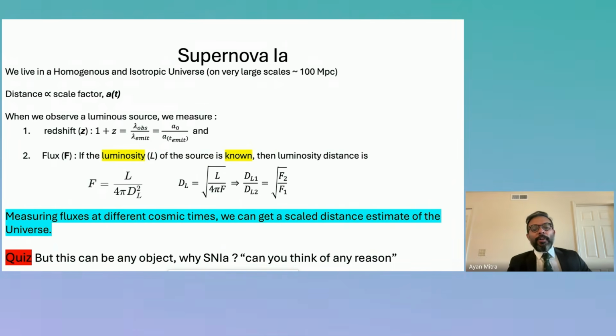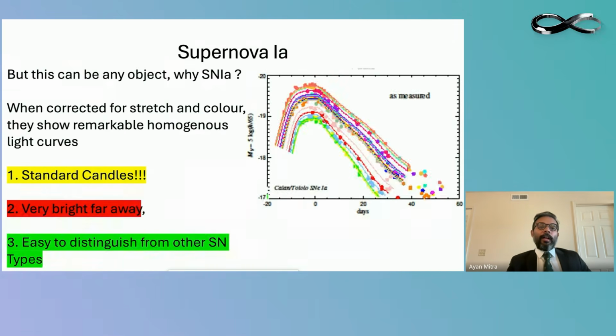But then you can ask, well, we can point to the sky and observe anything. Why are we talking about only supernova 1A in that sense? Many things, right? Like galaxies, and so on. True, but supernova 1A also has some additional significance which makes it stand out from its peers.